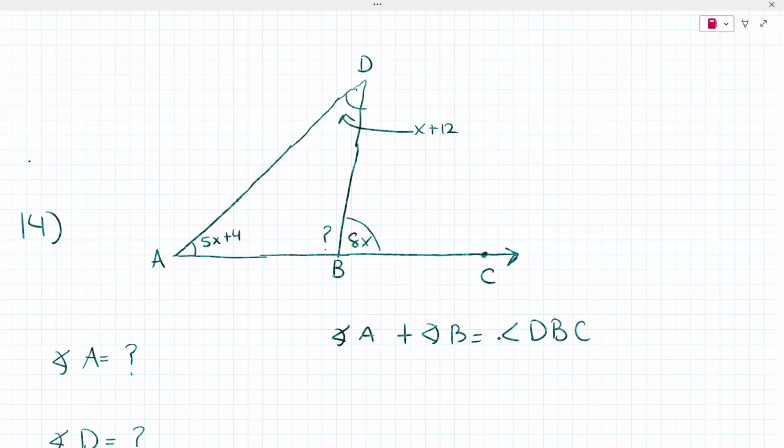It is the exterior angle theorem, right? Exterior angle theorem. So angle A is 5x plus 4. Angle B, I don't know what angle B is.